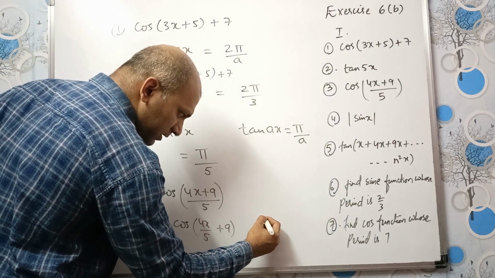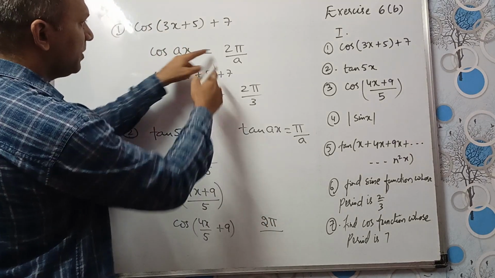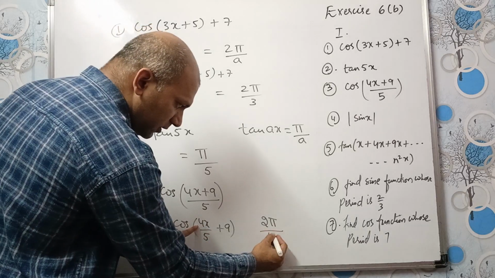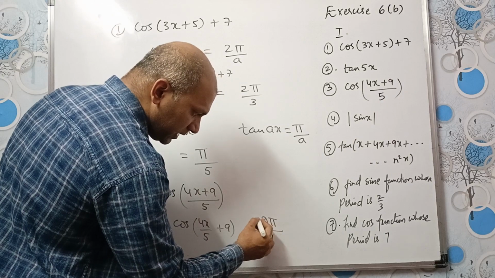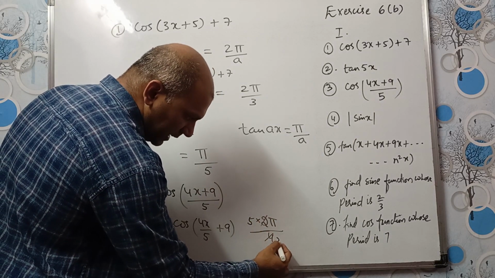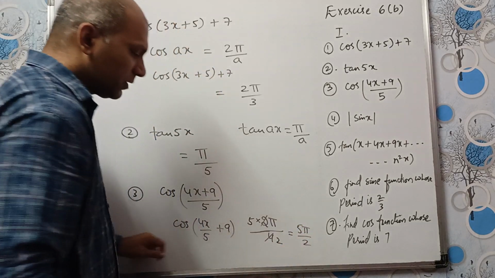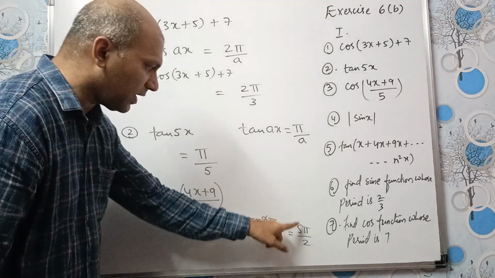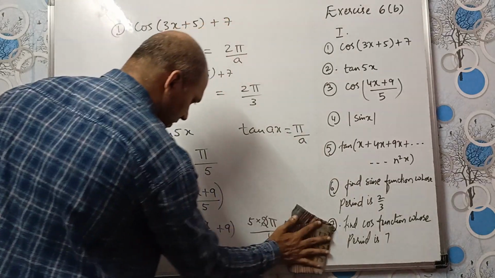Its period will be the general period of cos, that is 2 pi, divided by this a, 4 by 5. 4 divided by 5, so this 5 will go to the numerator. It will become 5 into 2 pi over 4, so we can cancel this. This will be 5 pi divided by 2. So the period of cos of 4x by 5 plus 9 is 5 pi divided by 2. I hope this is clear.